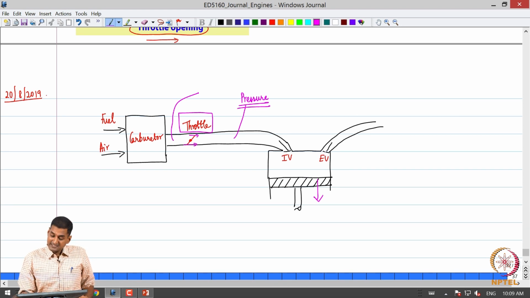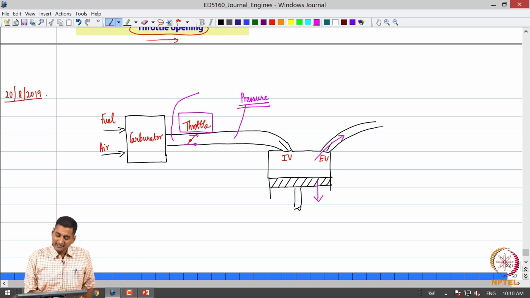Typically what happens is that when this pressure is small and the exhaust stroke happens for a previous cycle and the exhaust gases are being pushed out, please remember the exhaust gases will be at higher pressure, and no process is perfect. Typically there may be a small amount of overlap between the time at which the exhaust valve is closing and the inlet valve is opening.